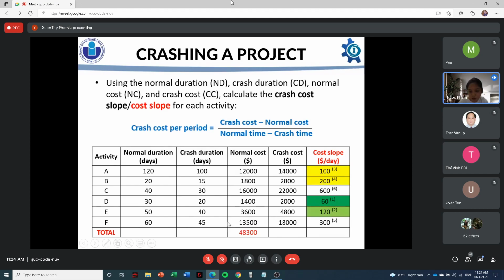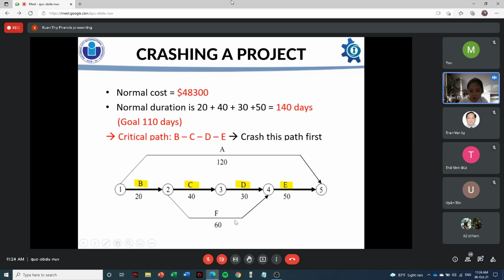We can get the total normal cost here is $48,300. And the normal duration in the longest critical path B, C, D, and E, we just check the normal duration of each activity, and we can get the normal duration here is 20 plus 40 plus 30 plus 50, equal 140 days.